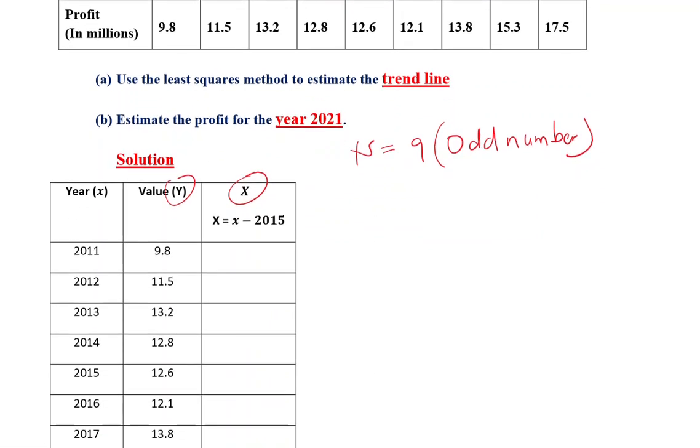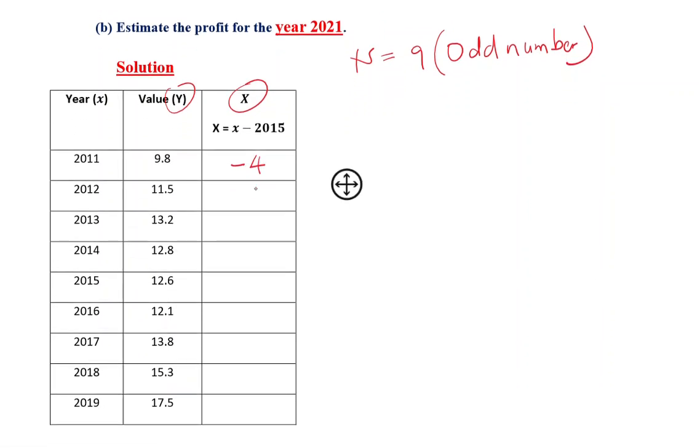That tells us that capital X equals small x minus 2015. So 2011 minus 2015, you get -4. Going down, we have -3, -2, -1. 2015 minus 2015, you get 0. You get 1, 2, 3, and then 2019 minus 2015, you get 4.